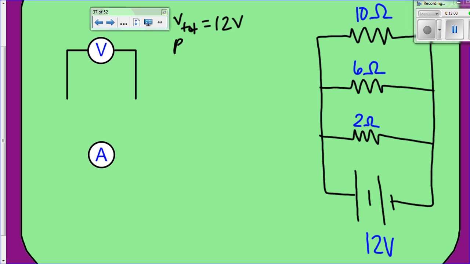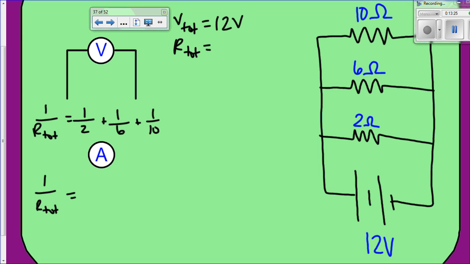Okay, what is the resistance? That's usually the next one you find. R tot for parallel is a little bit different, so let me do this off to the side. 1 over R tot is going to be equal to 1 over the first resistor, which is 2, plus 1 over the second resistor, which is 6, plus 1 over the third resistor, which is 10. So what I'm going to first do is add my fractions on the right side of the equal sign.